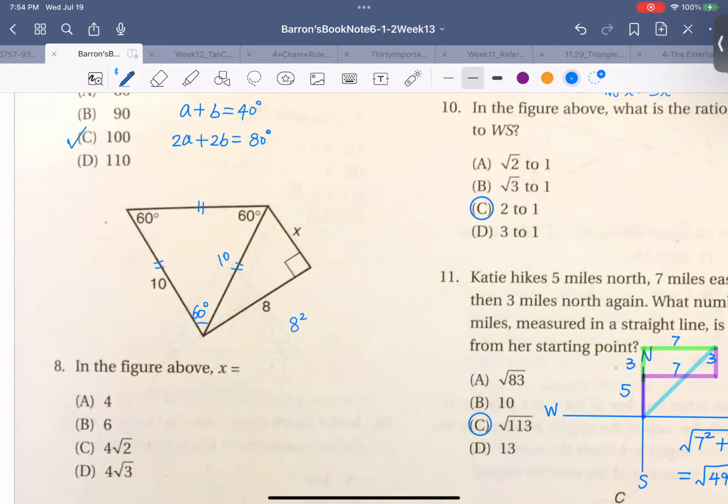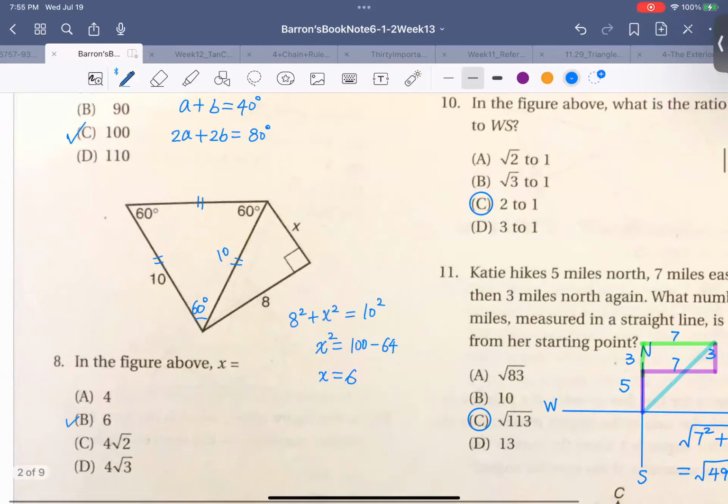So 8 squared plus x squared equals 10 squared. So x will be? X squared is equal to 100 minus 64, which is 36. So x is? 6. That's it. Okay.